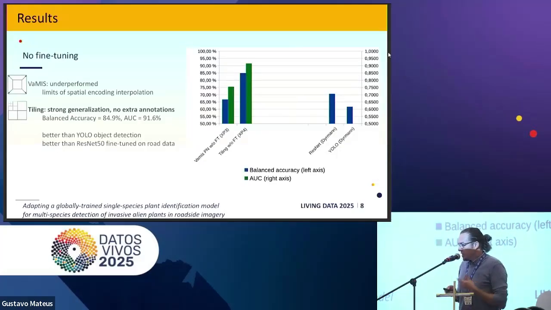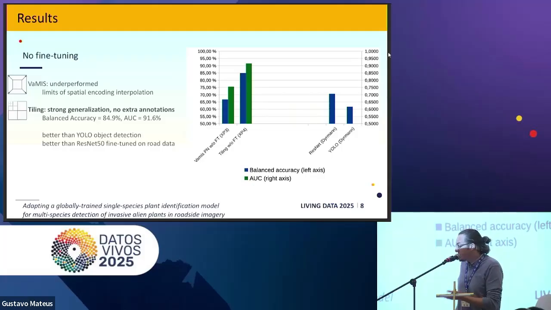First, we compare these two methods without any fine-tuning, just using the global model directly on these roadside views. What we can see is that the ViT approach underperforms, probably because of this issue with the positional encoding interpolation. While we have a good surprise with the tiling approach, we have a strong generalization.